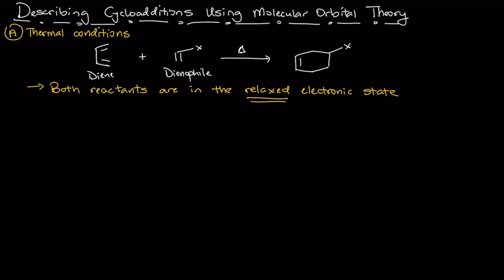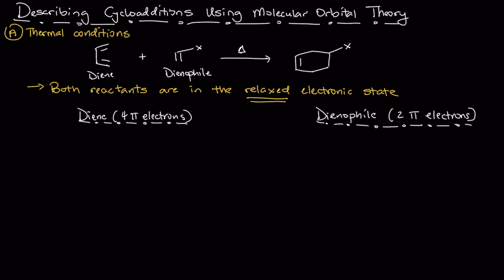And so to truly understand what that means, we have to focus on the pi molecular orbital system of both of our molecules. Okay, so going back to some fundamentals, we know that in our diene, we have four atoms involved in the conjugated pi system.